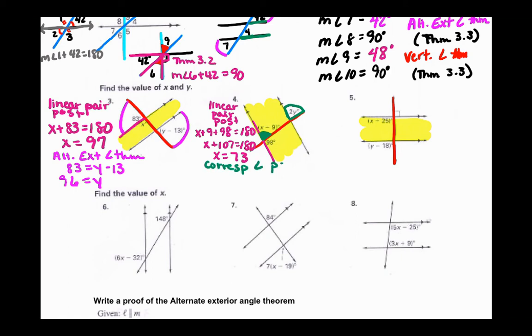And we have a postulate that says they're going to be congruent, and we're going to do a bit of substitution. So we're going to set them equal, but I'm going to fill in the 73 for x. So I have 73 plus 9 is going to equal 2y. So this is 84 equals 2y, and 41 for the value of y.